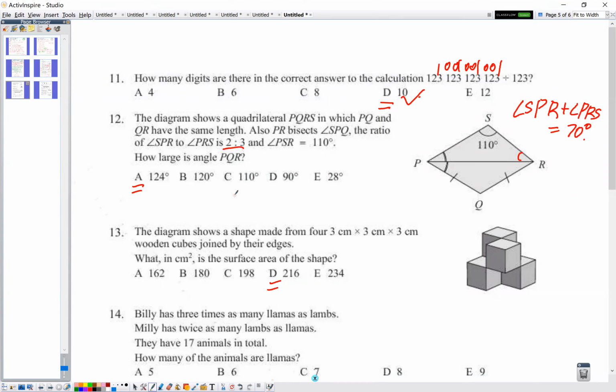See, the 2 to 3. So you can find the angle SPR. It becomes 2 over 5 times by 70. So it becomes 28 degree. SPR is 28 degree. And the question told you PR bisect angle SPQ. So this would be 28 degree as well. So both are 28 degrees.